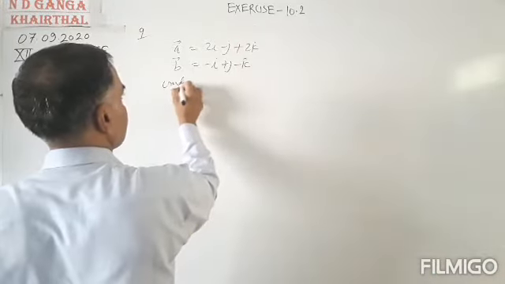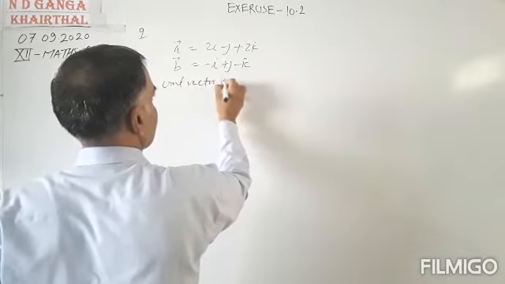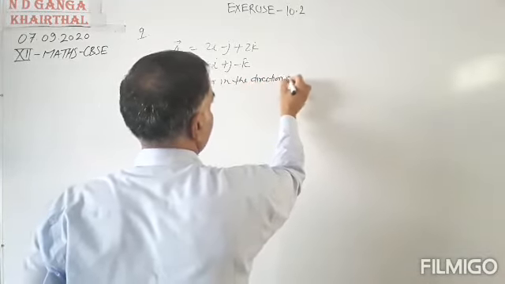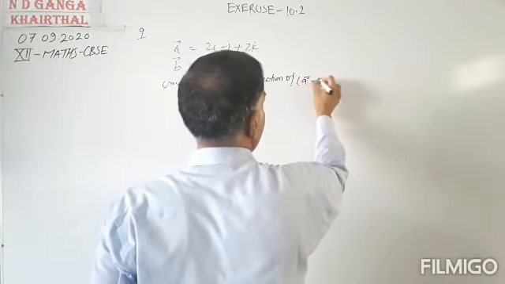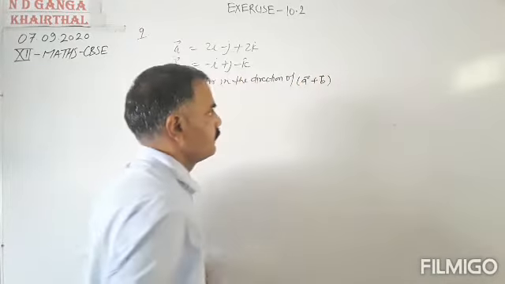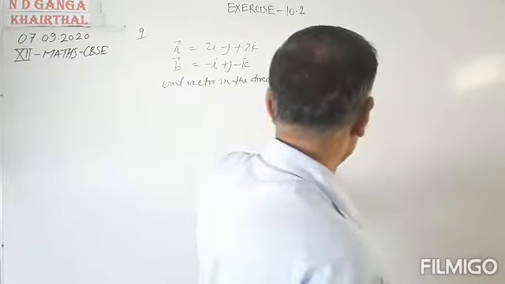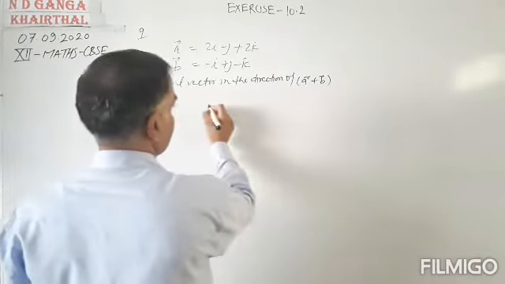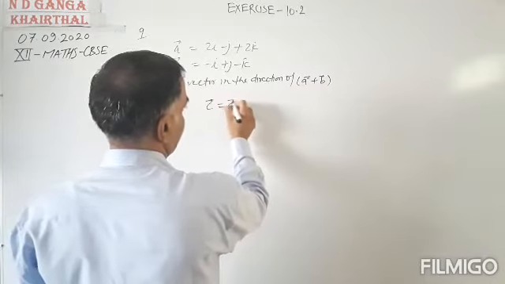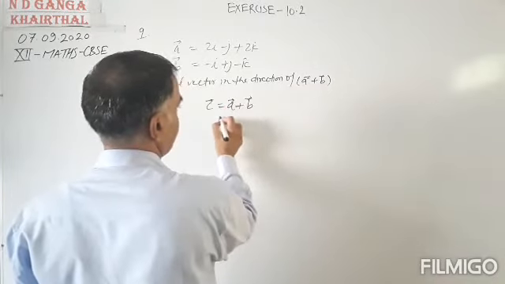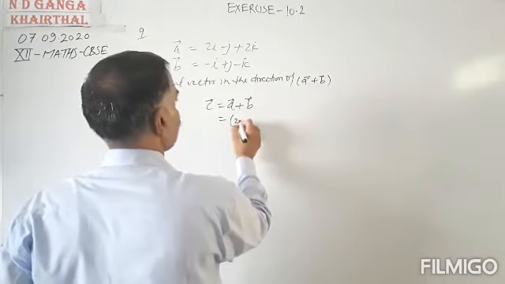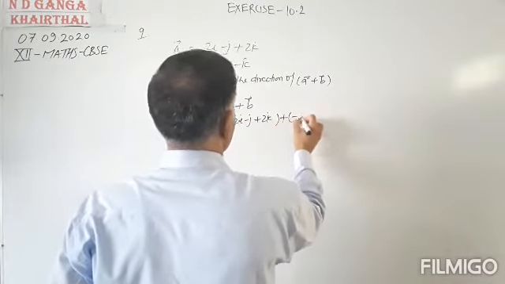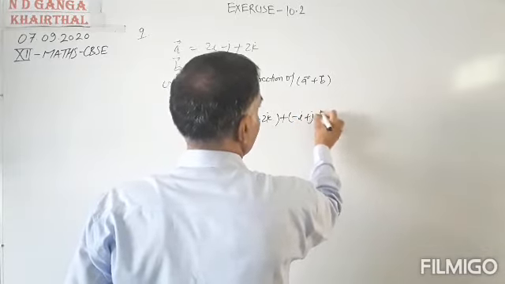Unit vector in the direction of a vector plus b vector. Okay, so a vector plus b vector is equal to 2i minus j plus 2k minus i plus j minus k.